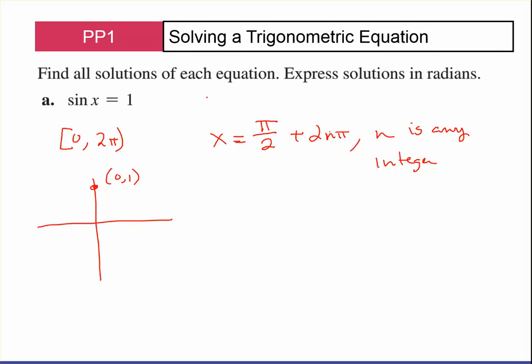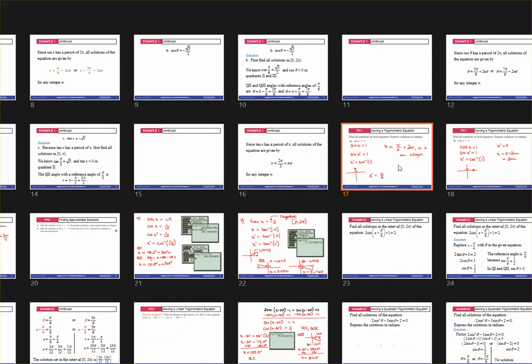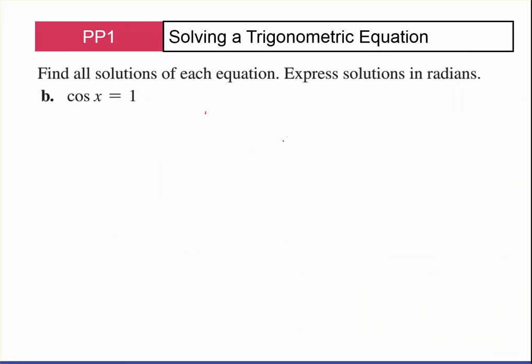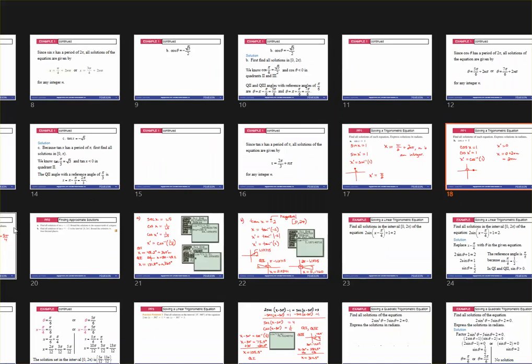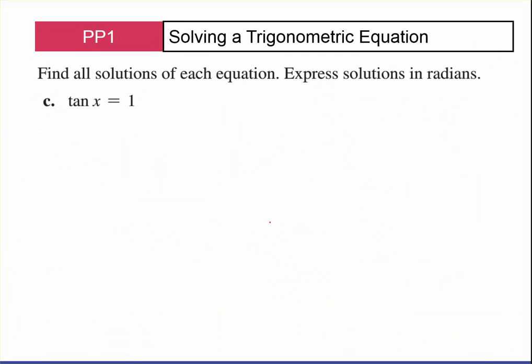Cool. Okay, let me skip b. We're going to skip b there because that's a cosine function. Let me jump to c. Let's skip this one. Let me jump to the tangent function. Just make sure we got it here. Go ahead, find all solutions of this equation. Express answers in terms of radian measurement. And yeah, we'll skip between radian and degree measurement quite often.